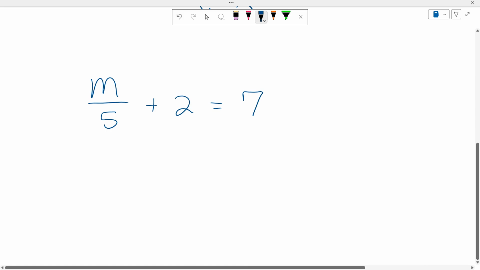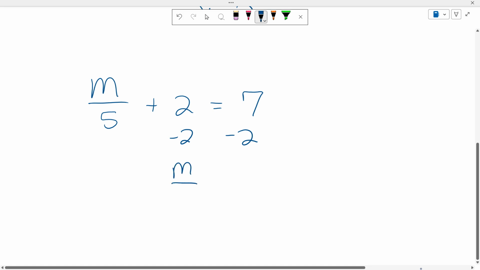M over 5 plus 2 equals 7. What should we do first? Work with the 5 or work with the 2? Work with the 2. Because the M is more closely associated with the 5 than it is with the 2. So we'll subtract 2 from each side.